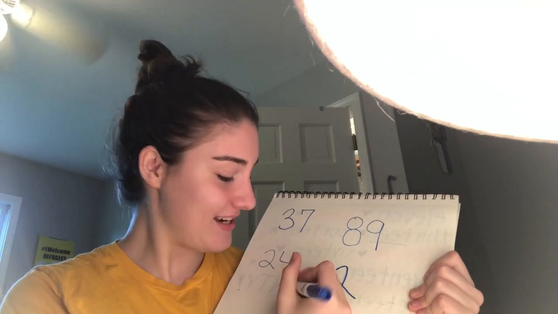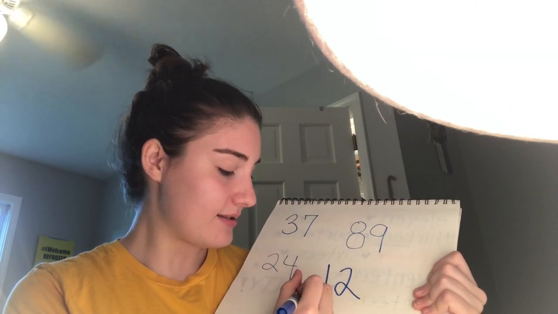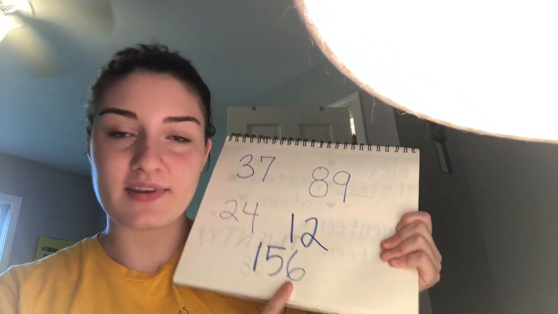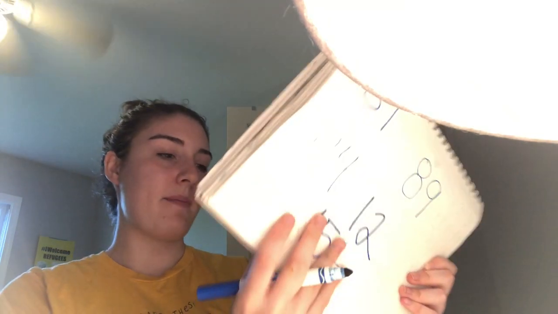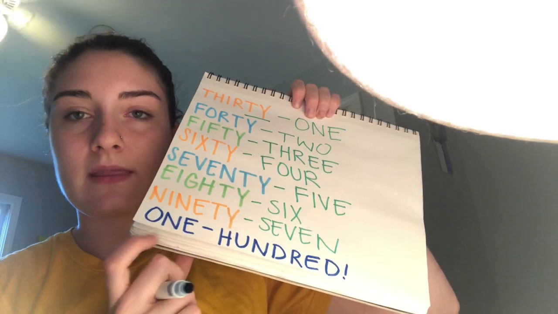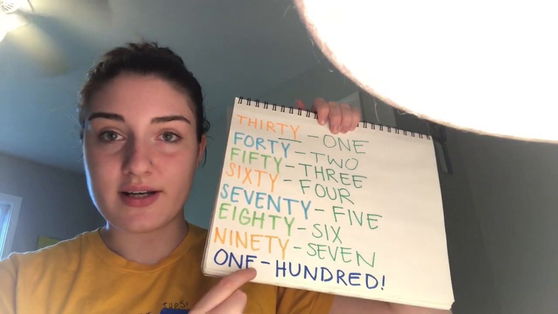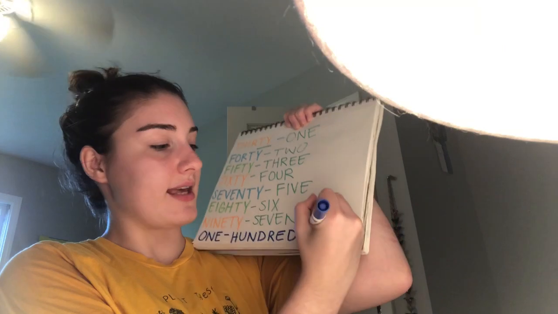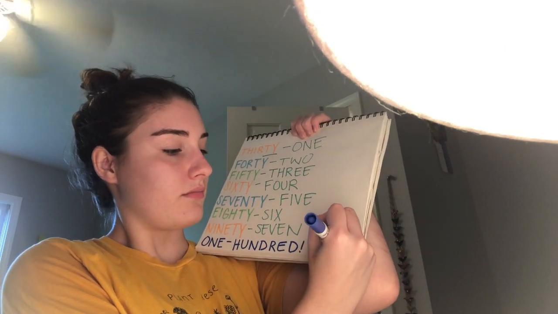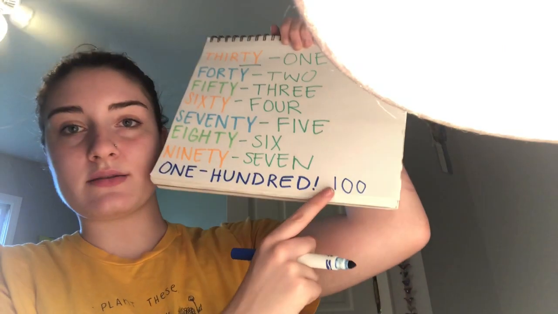Let's do one more. This will be a bonus question, so if you get this one right, you're already advanced in counting in English. So we'll do this. So if you remember, we get all the way down to 100. So that looks like this. This is 100.